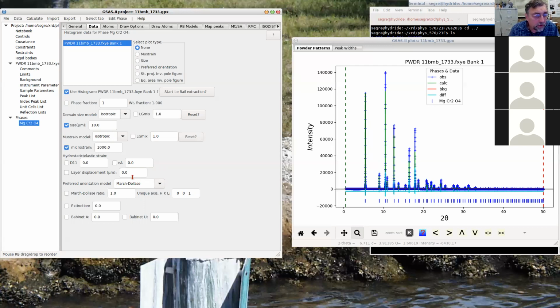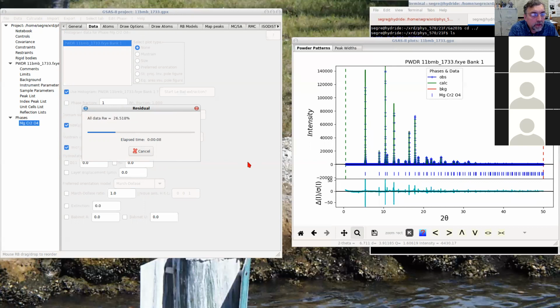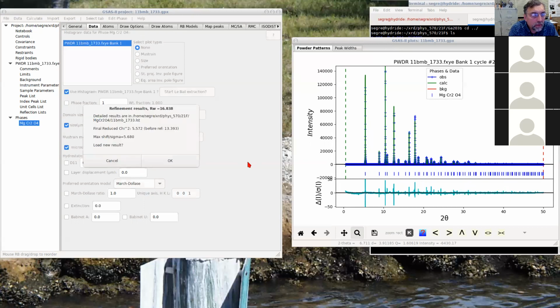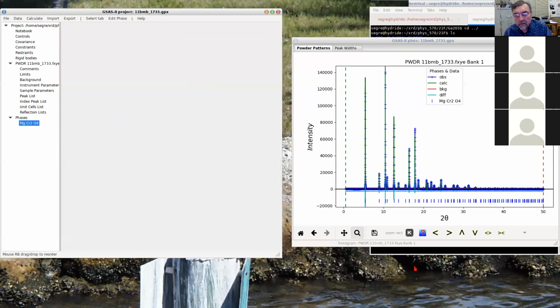Let's take a look at microstrain and see if that makes any difference. So we were about 25. And you'll notice that what happens often is it gets bigger and then it gets smaller again. So it's popping out of the current minimum and then going back to a better minimum. And now we're starting to get a little bit better.